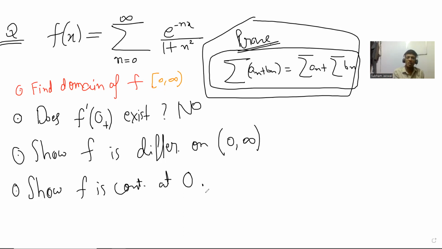Just show that that can be made as small as you want. You don't have to compute f of 0, or that summation or formula. You have to just take the difference and show it goes to 0. So just do these problems.